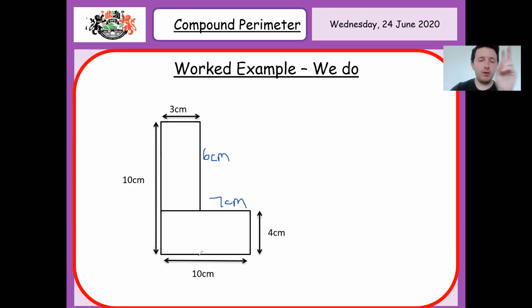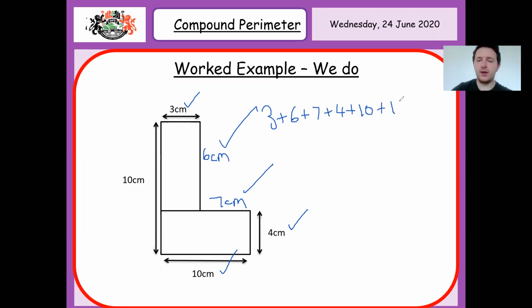So step number 2, we just need to add all these lengths together. So if we go ahead and do that and tick them as we go along. So 3 plus 6 plus 7 plus 4 plus 10 plus 10. 2 10s, that's going to make it easy.